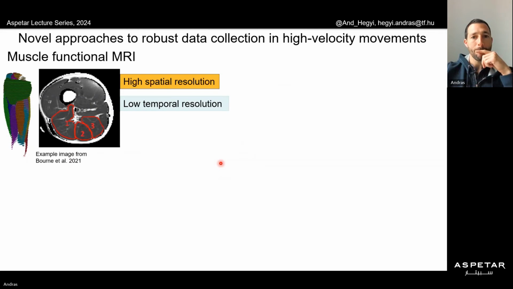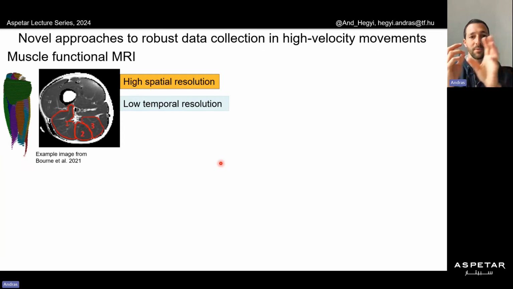So as I mentioned, we had two different methods to measure muscle activation. One was muscle functional MRI, where we have high spatial resolution. So we can see proximal distal differences, we can see the whole muscle, but we have a low temporal resolution.